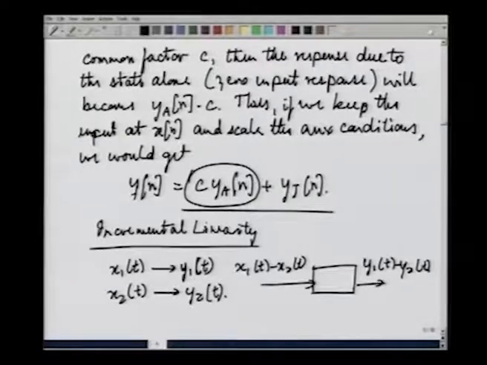Then they claim that systems which are subject to auxiliary conditions, whose linearity is now hostage to this term over here, which prevents it from being linear with respect to the input, such systems will still be incrementally linear. That is to say, y2(t) minus y1(t) will be linear with respect to x2(t) minus x1(t).